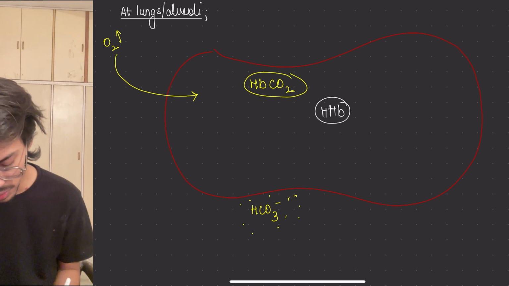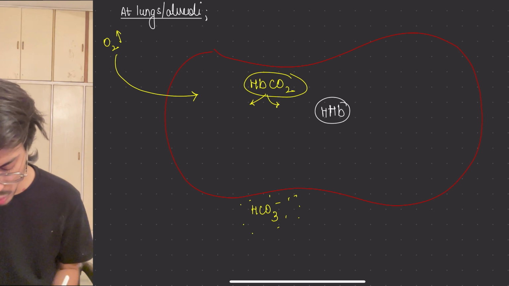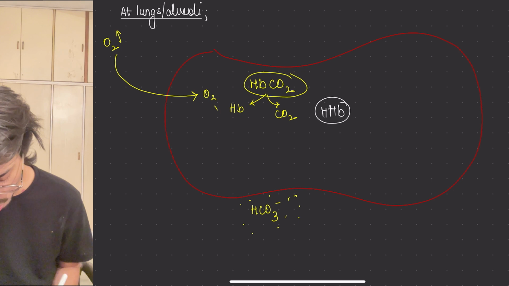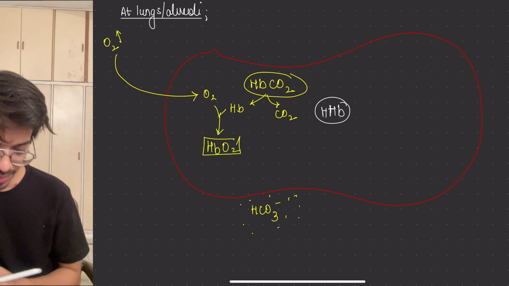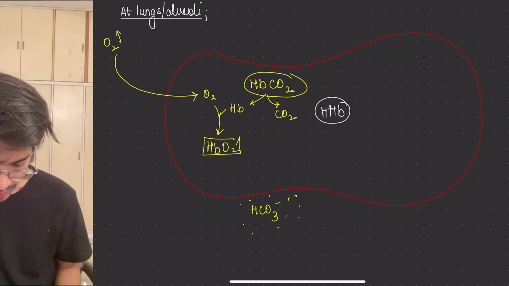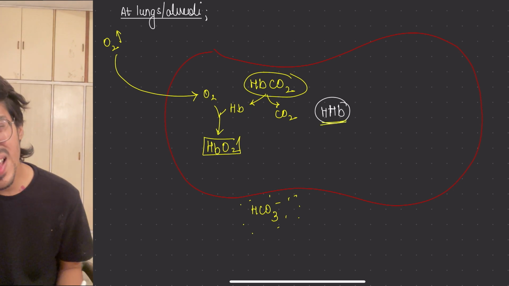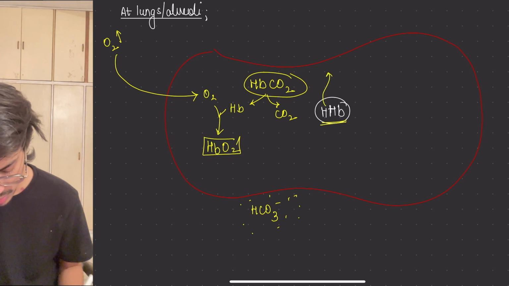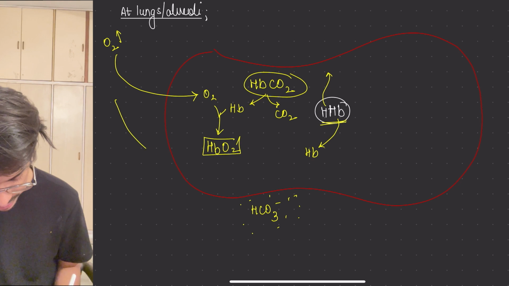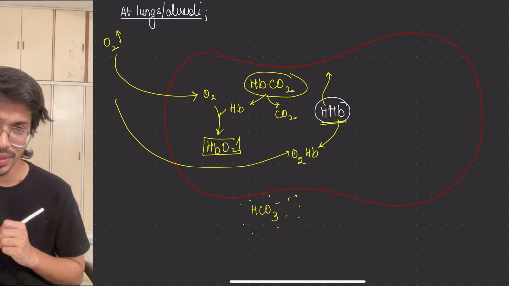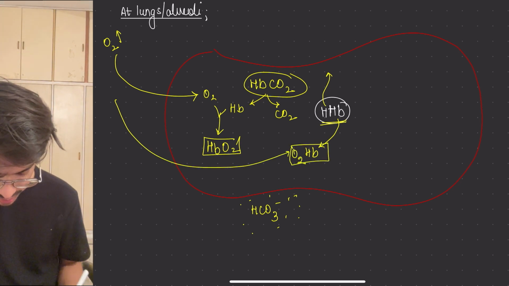Let's break this friendship and go to oxygen and make oxyhemoglobin. Understood? Simultaneously, hemoglobin says, why am I making a bond with this H? Remove this H, and whatever oxygen is coming, let's make a bond with it. Oxyhemoglobin is forming.